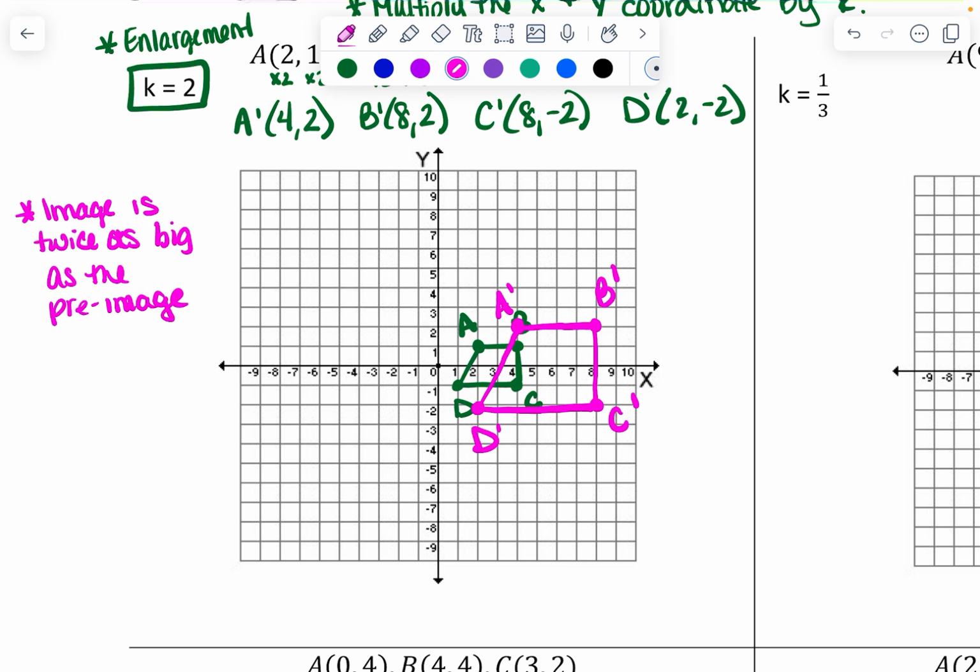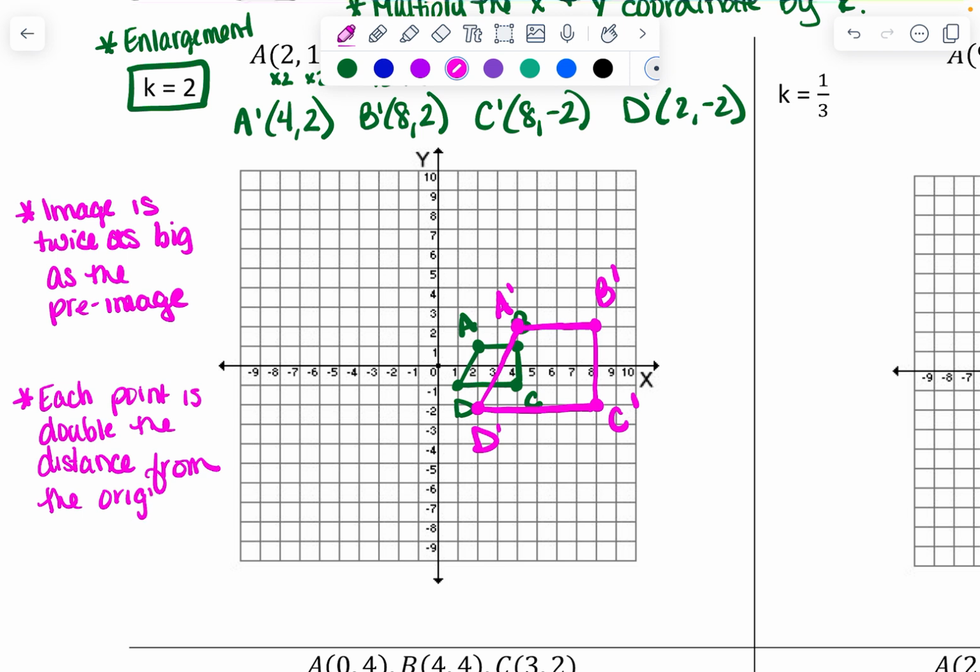and that's because of the scale factor. The other thing that I want to point out is that each point is double or twice the distance from the origin. Remember, your origin is 0, 0.